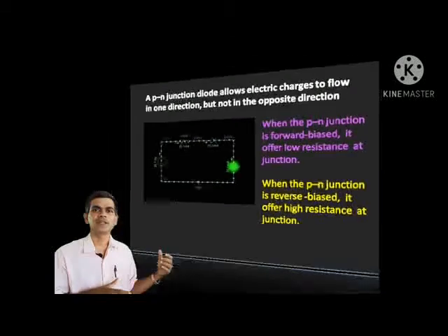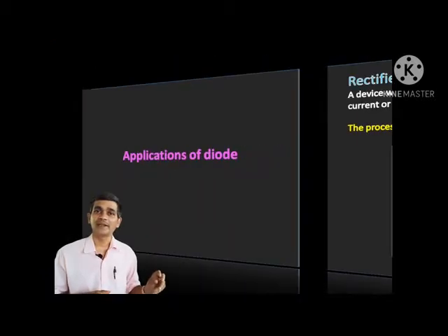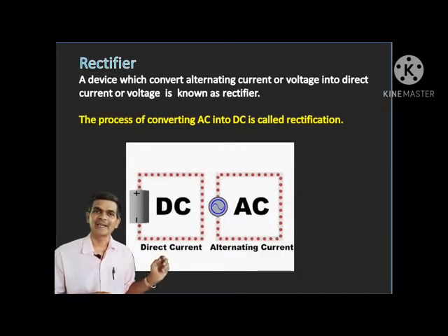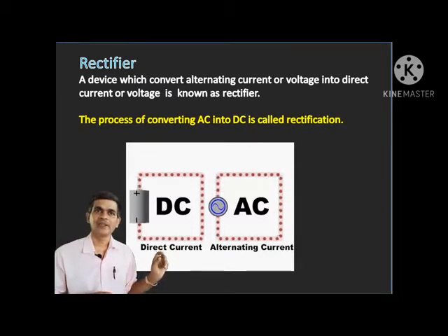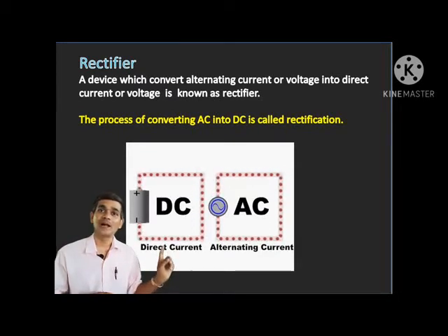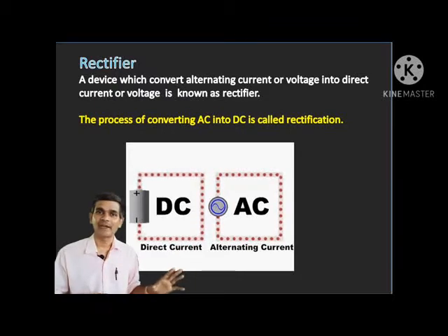Let us see the applications of these diodes. This particular property of diodes is used to convert alternating current to direct current, and this process of converting alternating current (AC) to direct current (DC) is called rectification. A device which converts alternating current or voltage into direct current or voltage is called a rectifier.